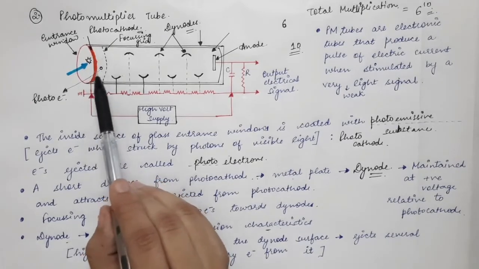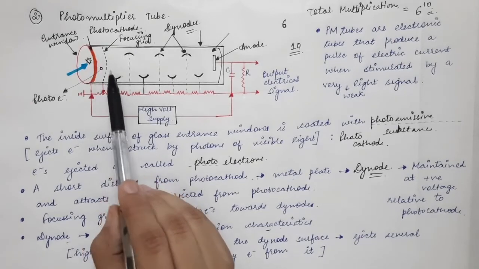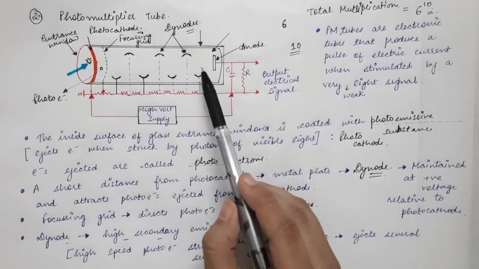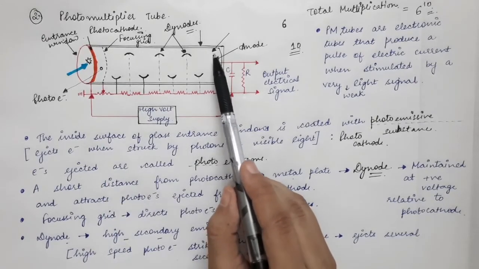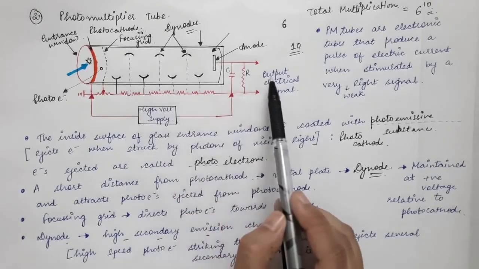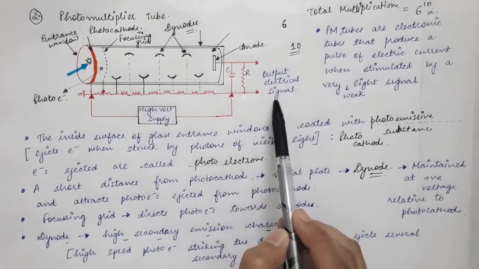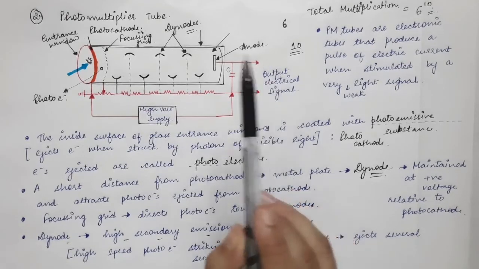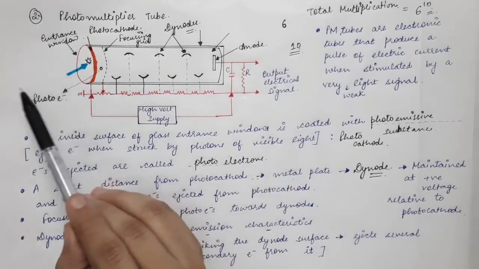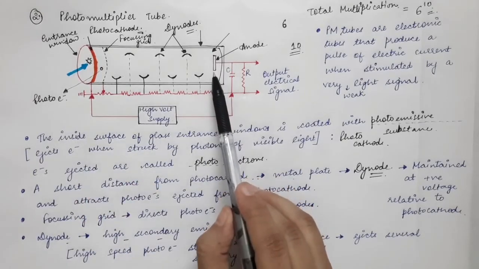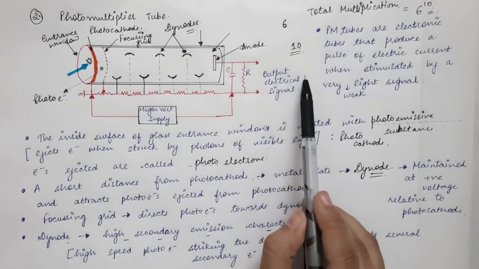And if more photoelectrons are emitted, more electrons will reach the dynodes, and hence more electrons will reach the anode. So the height of the pulse signal in the scintillation counter is directly proportional to the energy deposited. More energy deposited means more electrons reaching the anode, and hence more pulse height.